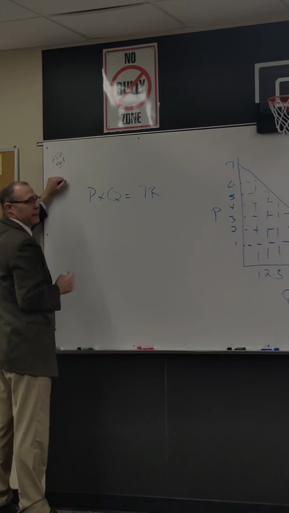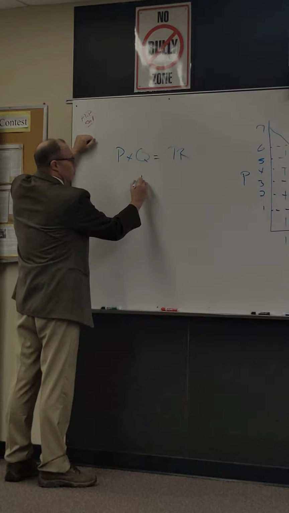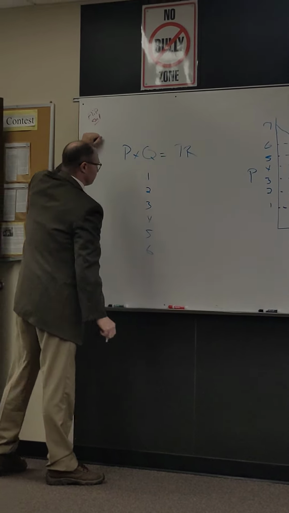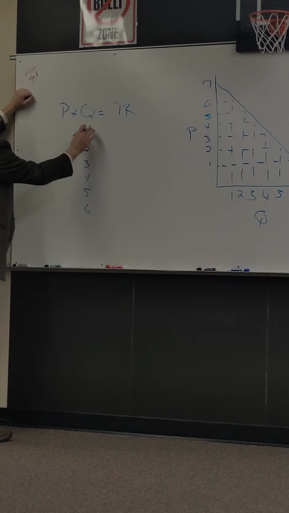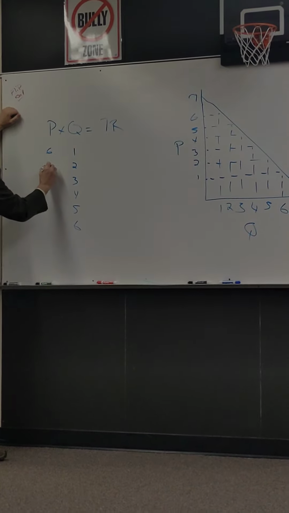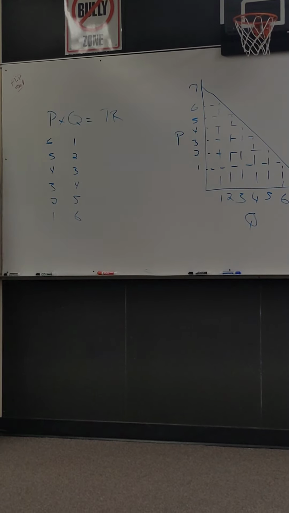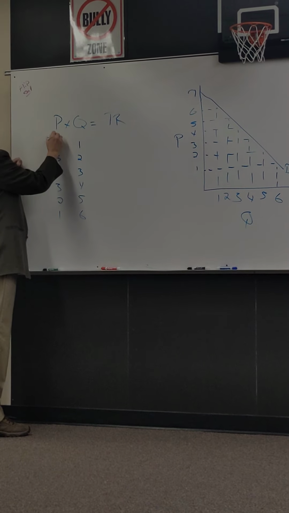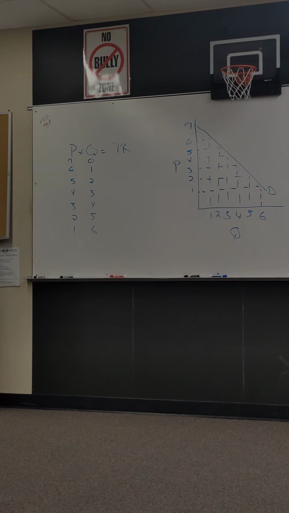What I'm going to do, I think, to show this to you so it's a little bit easier, I'm going to start here with quantity 1, 2, 3, 4, 5, and 6. All right, and I'm going to do that for a reason, okay? And we're going to go 6, 5, 4, 3, 2, 1. How does that sound? All right, but if we wanted to go to 7, we could do that. Let's go to 7, there would be 0, correct? You guys with me so far?